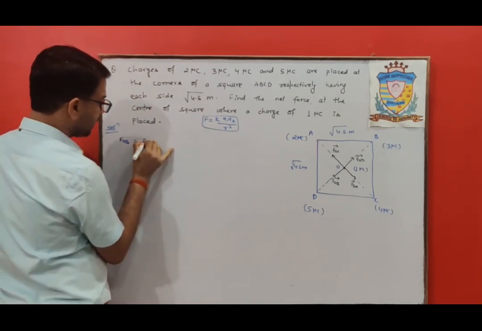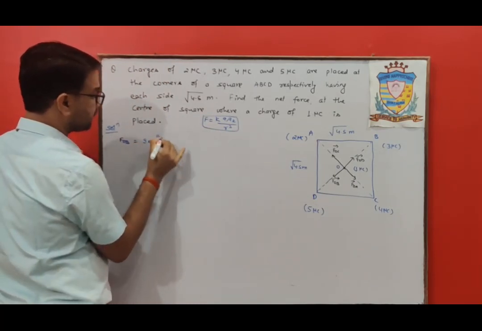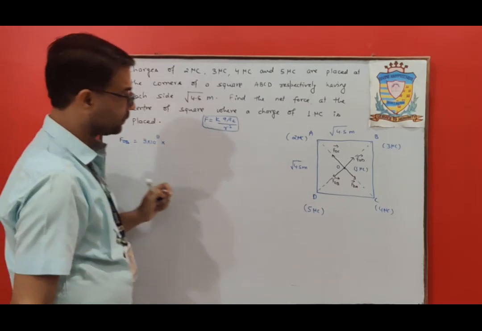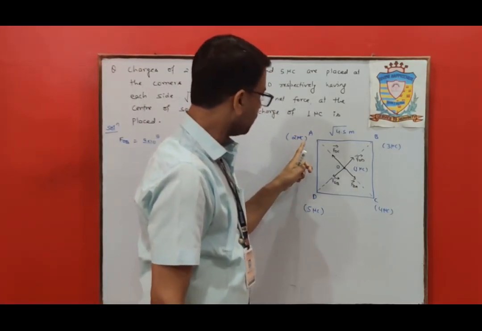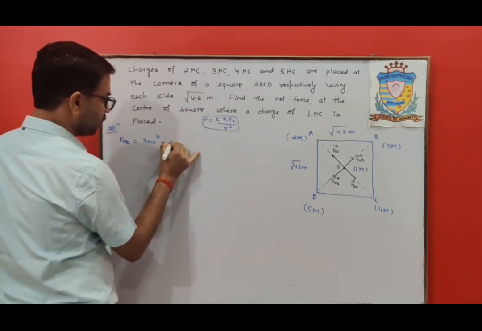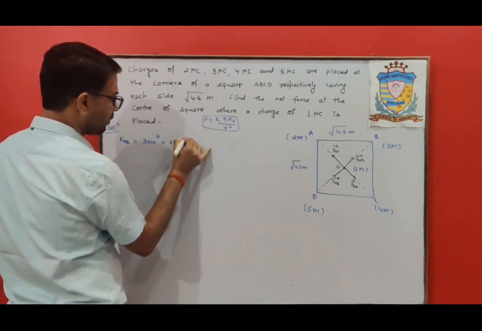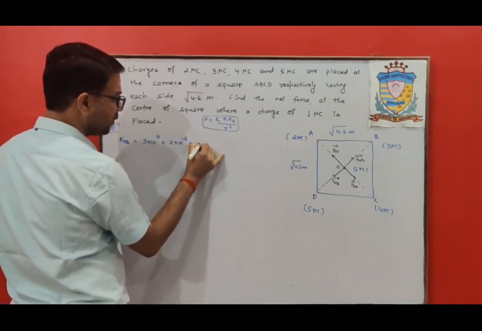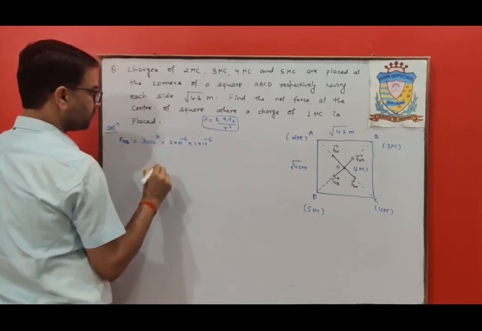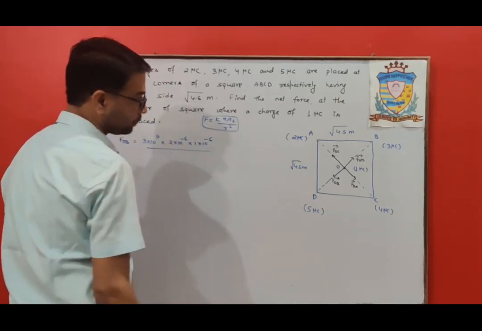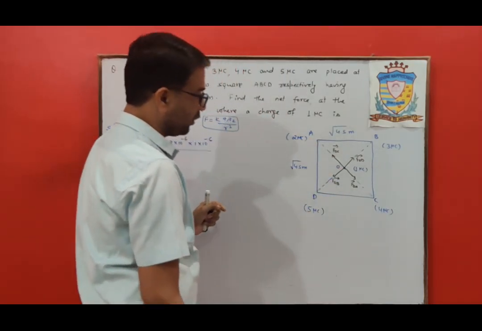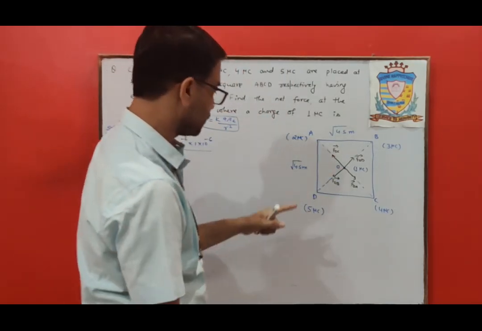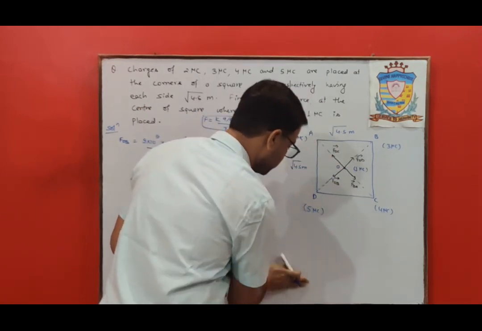So K is 9 into 10 to the power 9, Q1 is 2 microcoulomb, so 2 into 10 to the power minus 6, into 1, upon R square, that is AO squared. We don't know the value of AO, so first we will calculate the value of AO.